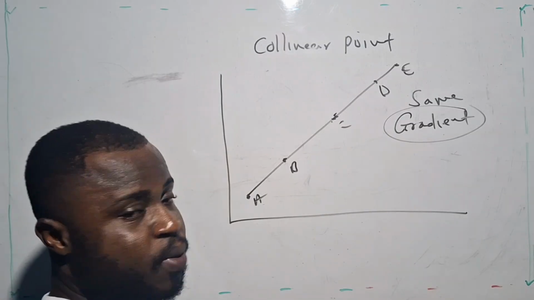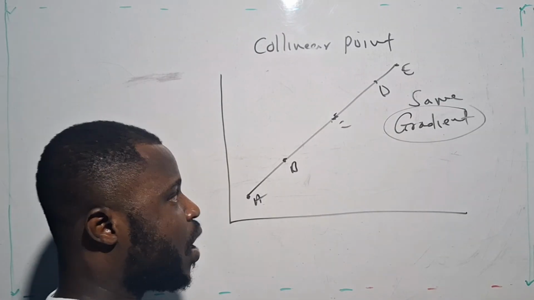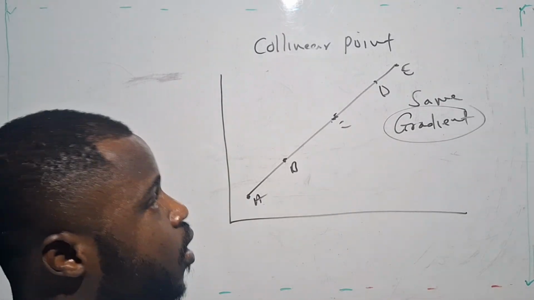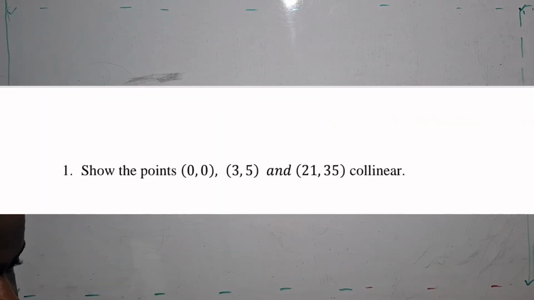So we are not going to waste time here. We are going to take our first question on the collinear concept. It says show that the points (0, 0), (3, 5), and (21, 35) are collinear.